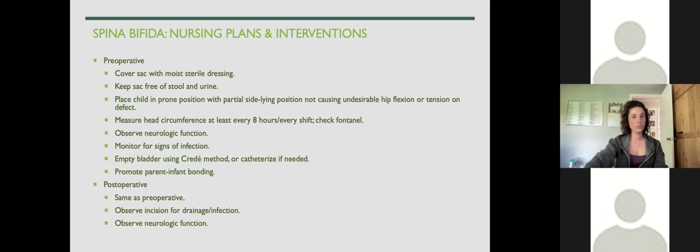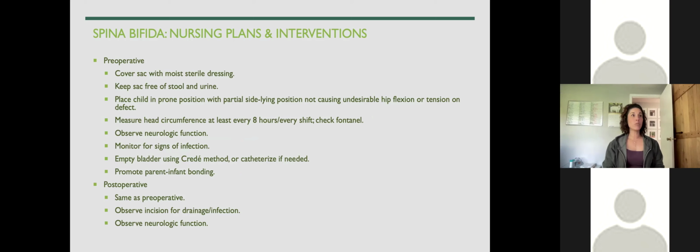So before we go to surgery, obviously we're going to have to correct this. So surgery is going to be our only intervention here. So before surgery, we want to keep that sac nice and moist, sterile dressing so that we can protect it and protect the spinal cord. We want to make sure we don't get any urine or stool on that sac because it could get into the spinal cord.